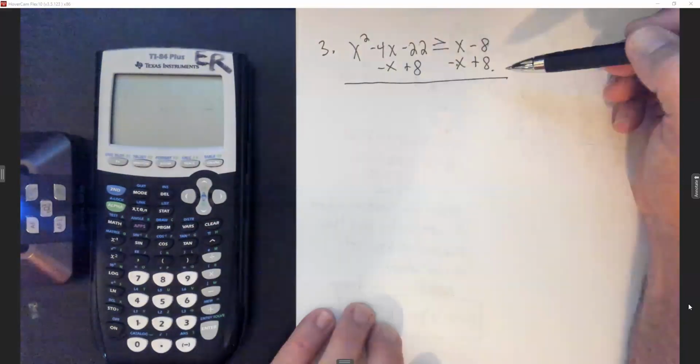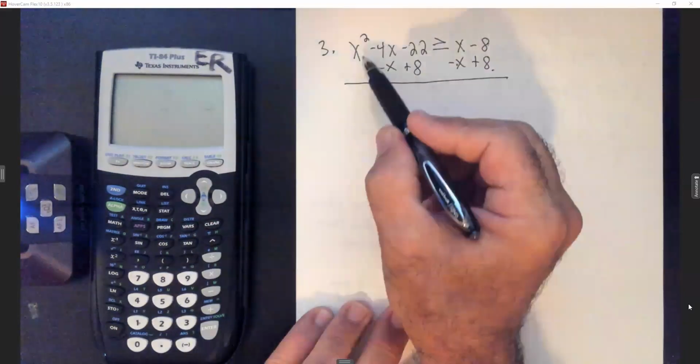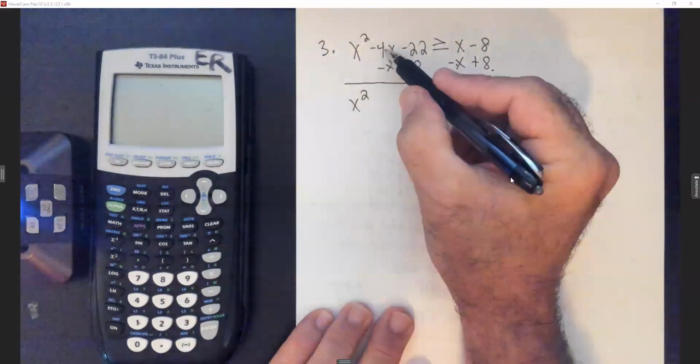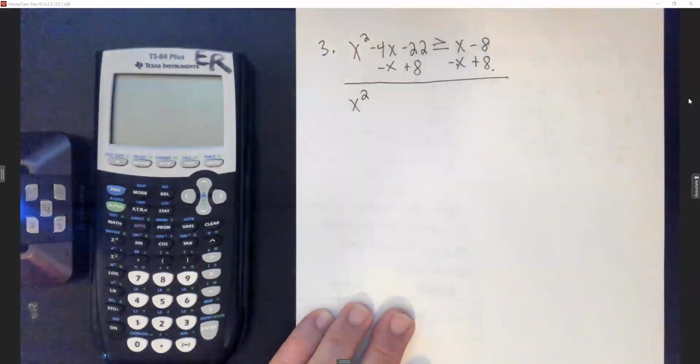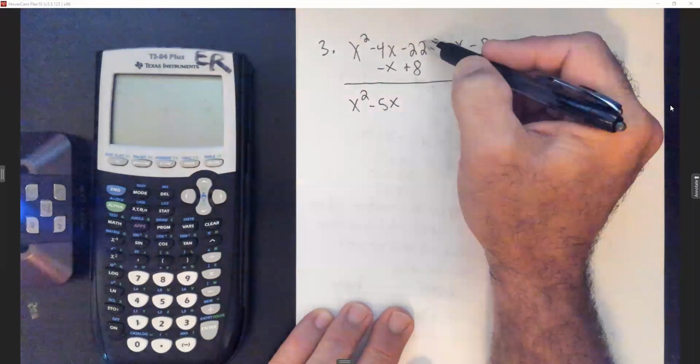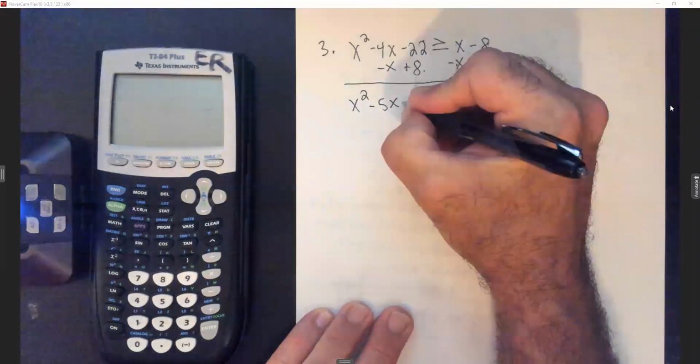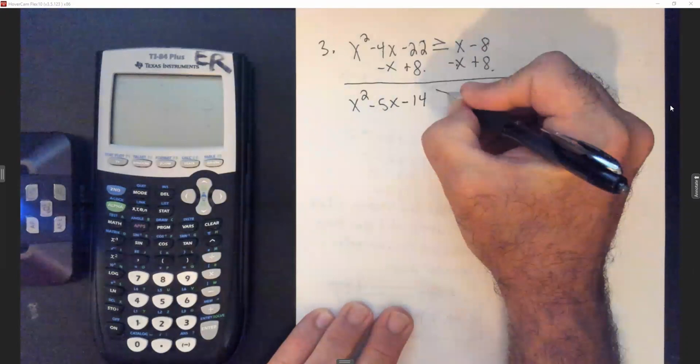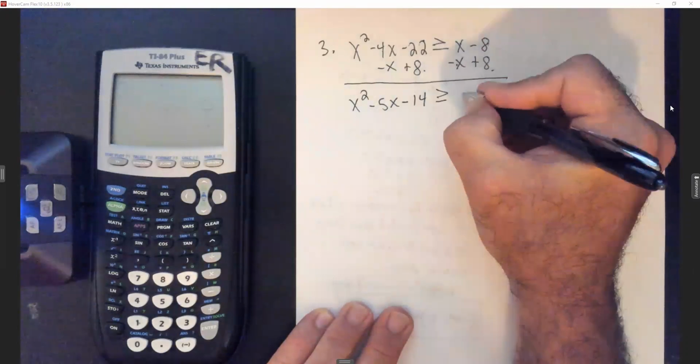So what's over here, you got your x squared. A negative 4x, and then a negative x will give me a negative 5x over here. Negative 22 plus 8 would be a negative 14. All of this is greater than or equal to 0 now.